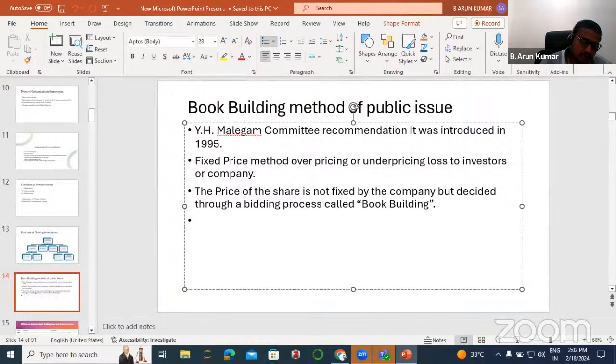For short questions, on page number 71 there are important concepts in the primary market, with some definitions and terminology: ASBA, that is Application Supported by Blocked Amount, and also green shoe option, anchor investor, IPO grading, and reverse book building.